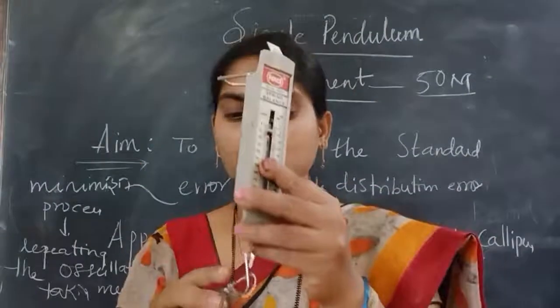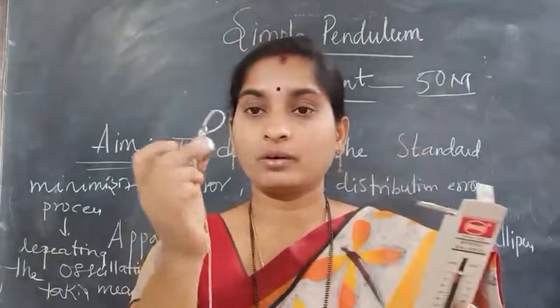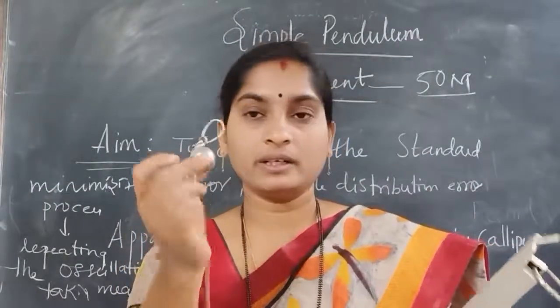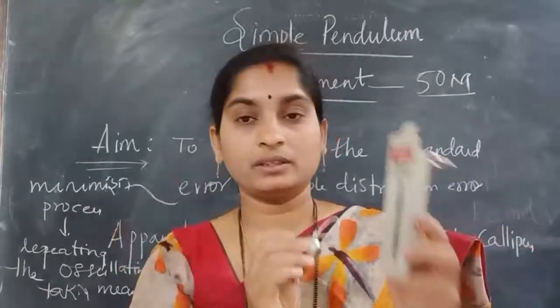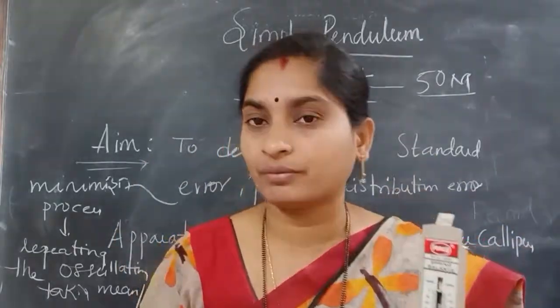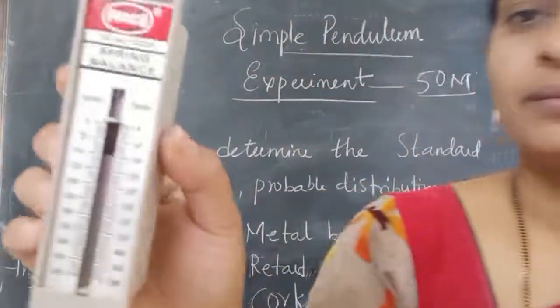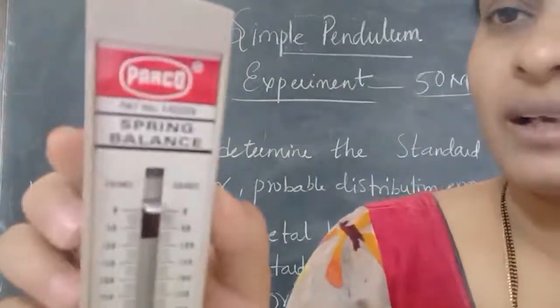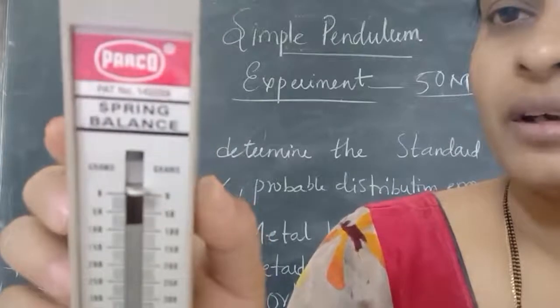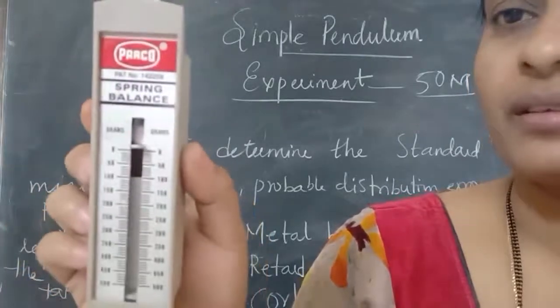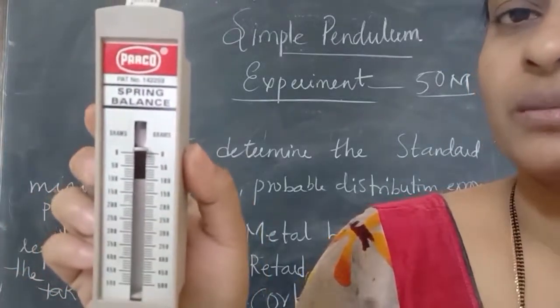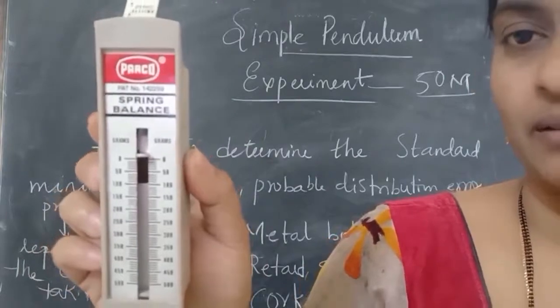It means the weight of this bob is shown here with this spring balance as 50 grams. Okay, you can see here spring balance, grams are mentioned over there. You can also do it with a spring balance, right?